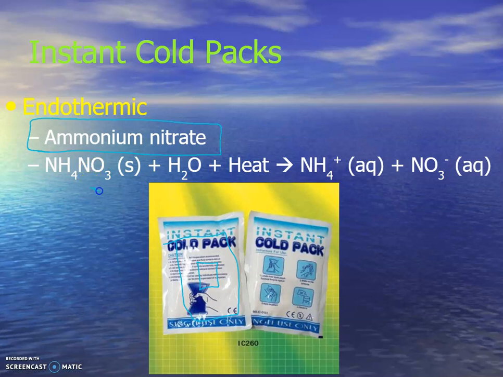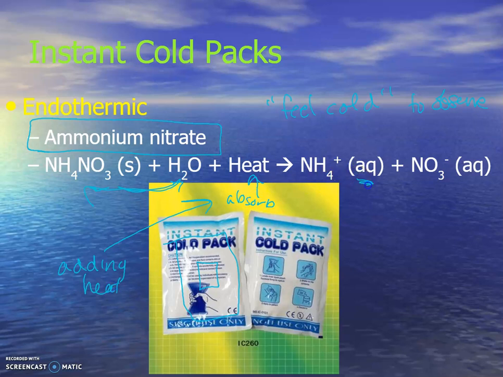And when you pop the one, these two mix together and absorb heat. When they absorb heat from the surroundings, it's going to feel cold to the observer. It is adding heat in order to get them to dissolve.